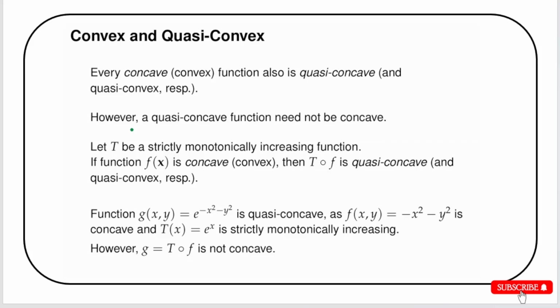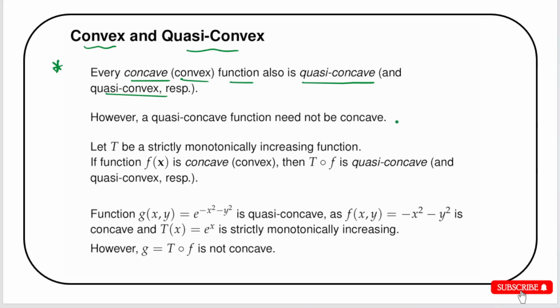Now, what is the relationship between concavity and quasi-concavity, or convexity and quasi-convexity? This is a very important thing which you have to know, that every concave or convex function is also quasi-concave or quasi-convex respectively. This is one of the ways of identifying quasi-concavity and quasi-convexity.